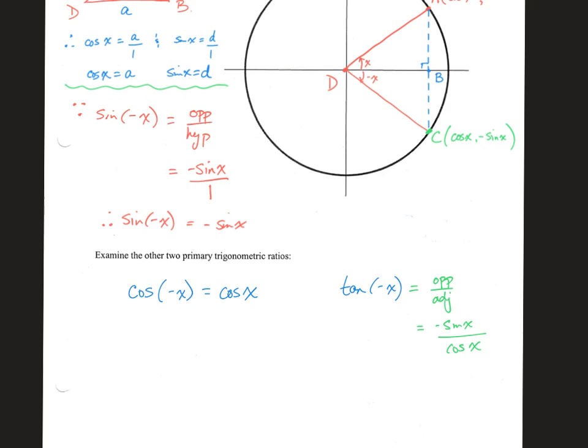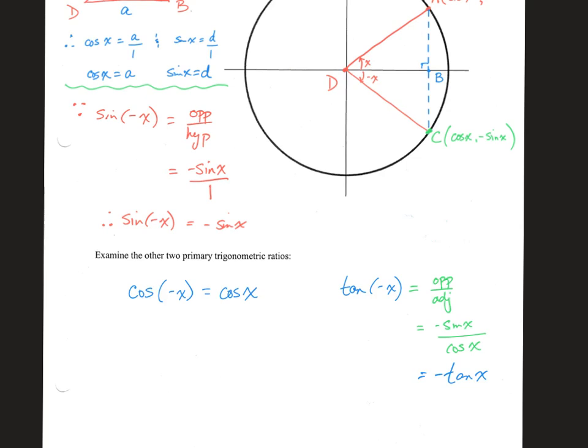But that's my tangent identity from grade 11. I know that the sine of an angle divided by the cos of an angle is equal to tan, and therefore that whole thing is equal to negative tan x. So the tan of a negative angle is equal to negative tan of the positive.